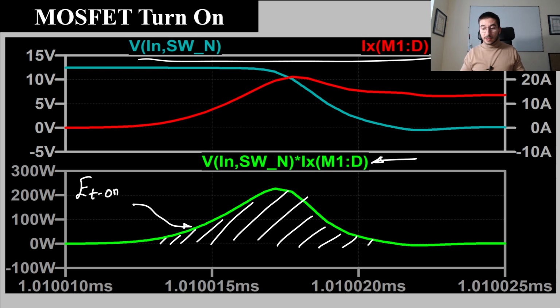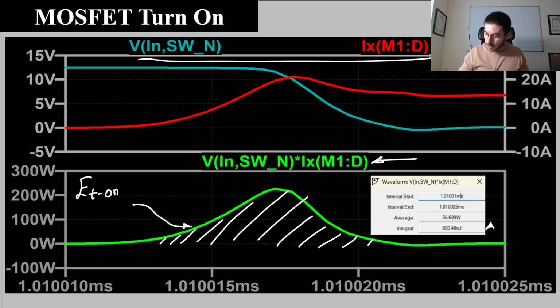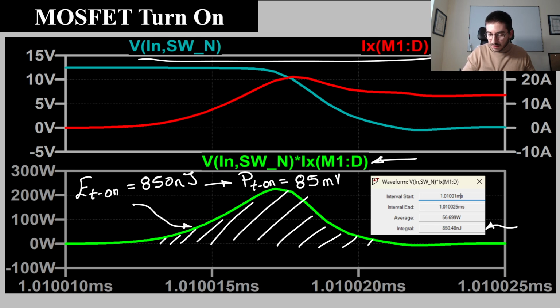We can use LTspice, and as you can see here, the integral is 850 nanojoules. Our next step is to determine the average power consumed during the turn-on. If we consider this energy and multiply it by the switching frequency, we obtain that the average turn-on power losses are 85 milliwatts.